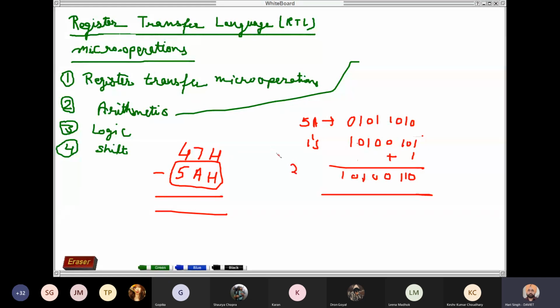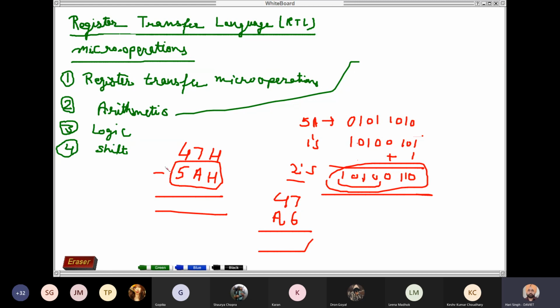So this is the 2's complement of 5A. So now instead of subtracting 5A from 47, we just add 47 and the 2's complement of 5A, which is A6.